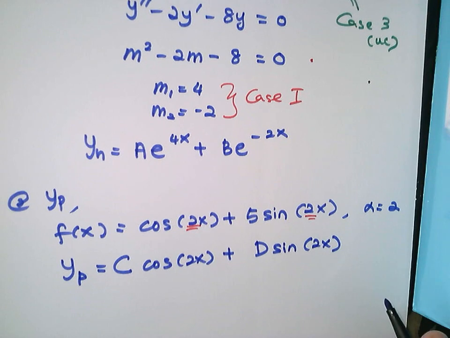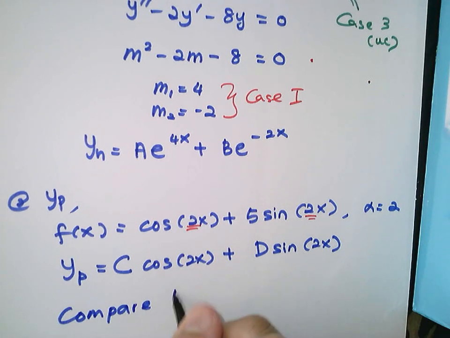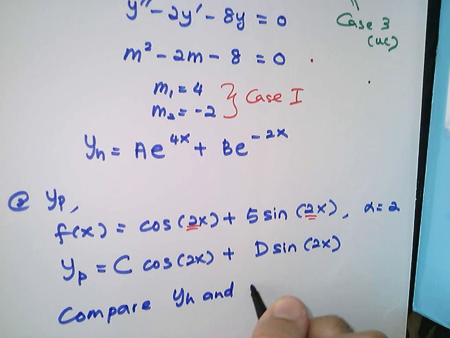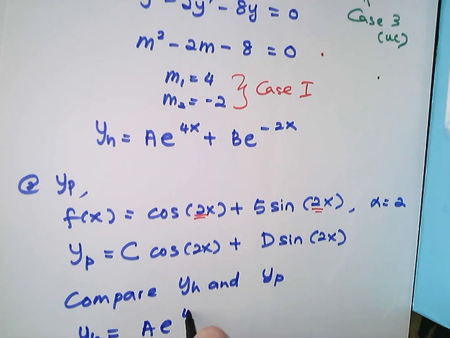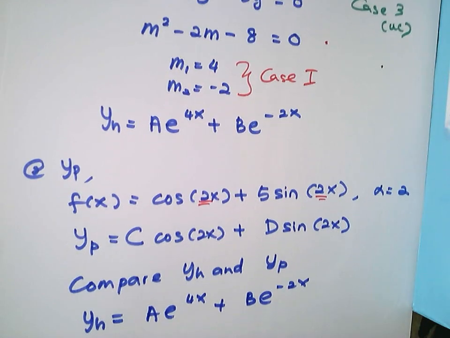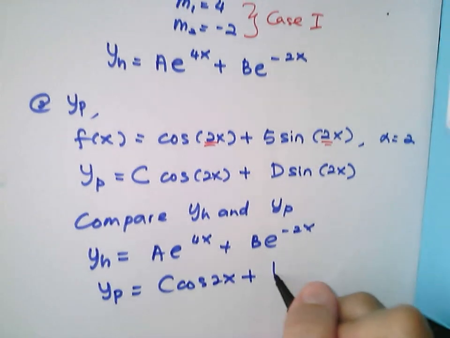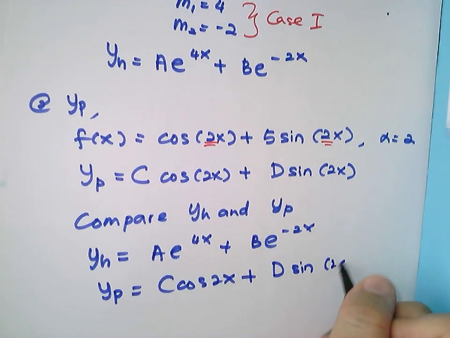Okay, so next we are going to test whether you can use this YP or not, so you have to compare. So again compare YH and YP. So your YH is equals to Ae^4x plus Be^-2x, and your YP is equals to C cos 2x plus D sine 2x.